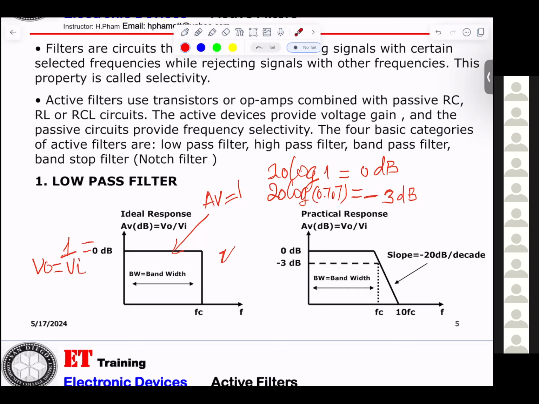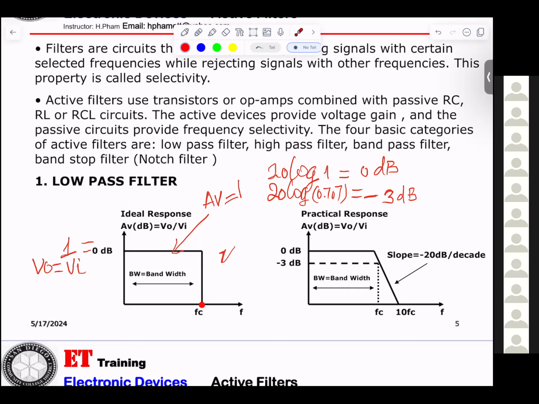However, there has to be a limit to stop the frequency of one station and move to a new one. Looking at this one here, they call it ideal. It never happens. No ideal response. That means a very, very perfect output.